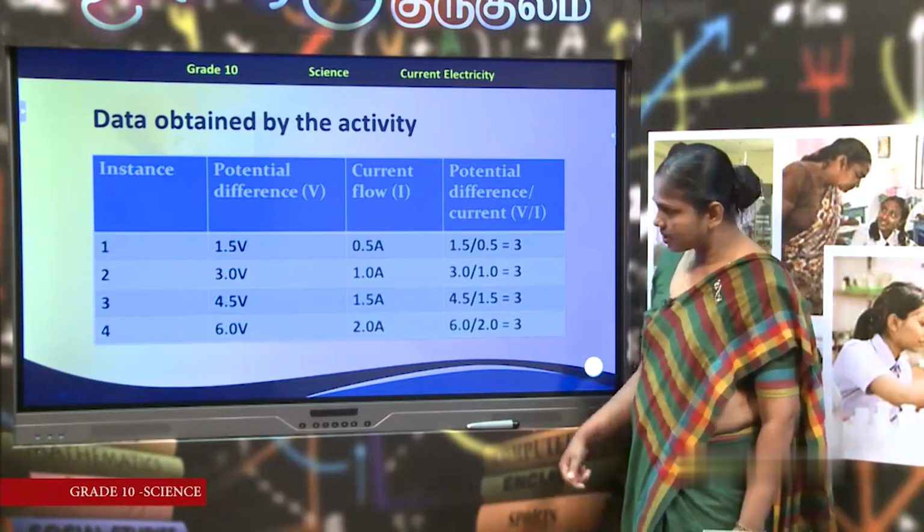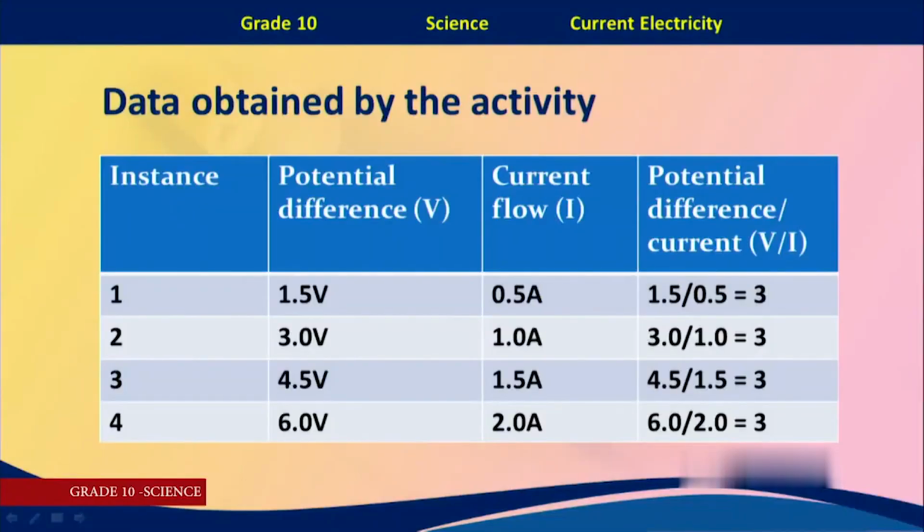In the first case, if we divide potential difference by the current flow, the potential difference is 1.5 V and current flow is 0.5 ampere. When we divide 1.5 by 0.5, we get 3.